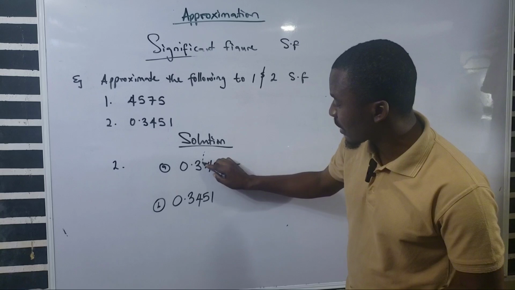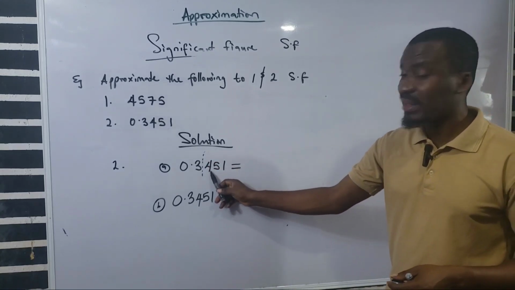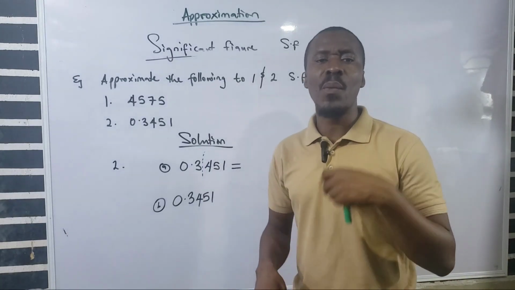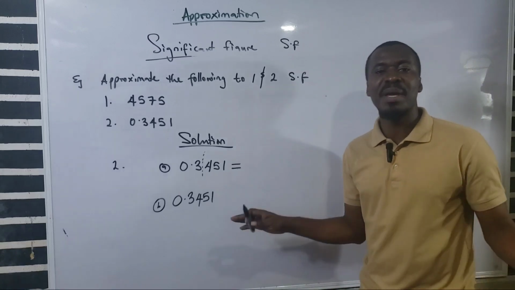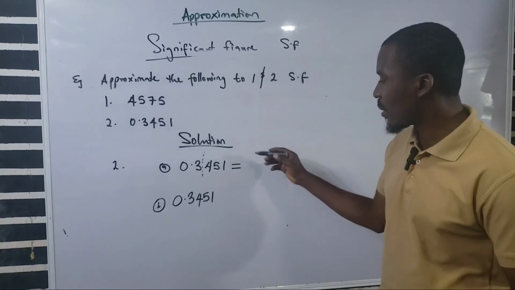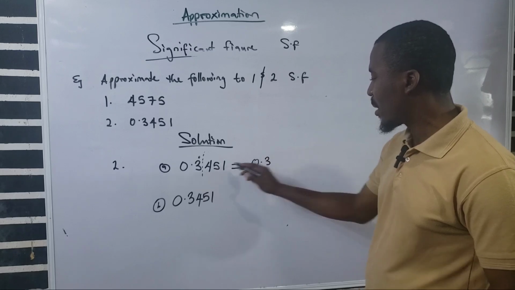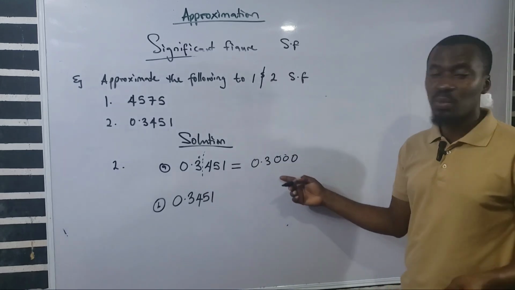So that's where we put our invisible line. We ask ourselves, the next digit, is it up to 5? If it's not up to 5, we add 0 to the higher place value and make everything there 0. So when you add 0 here, you still have 0.3, then everything turns to 0.